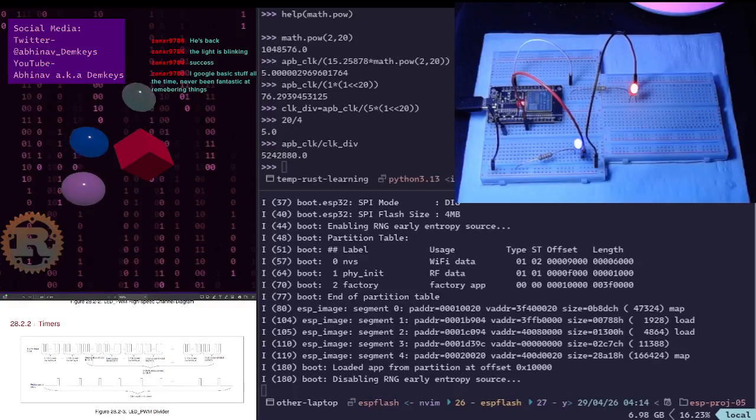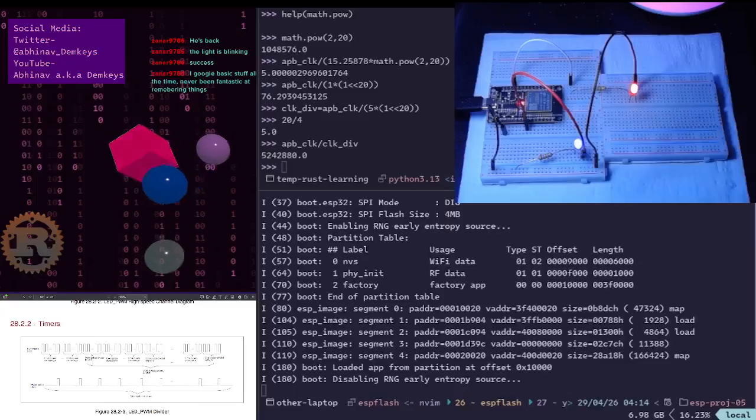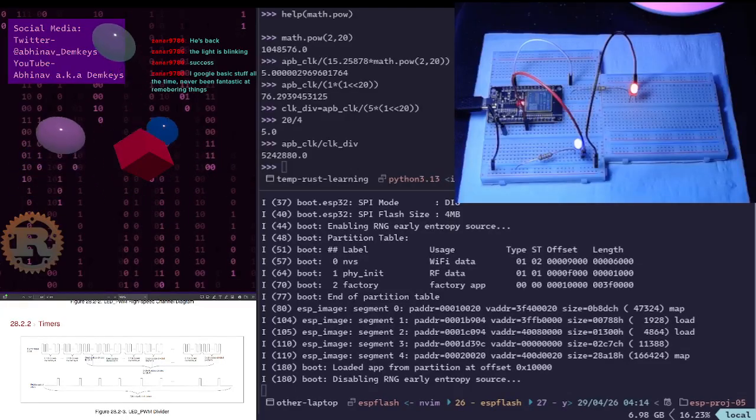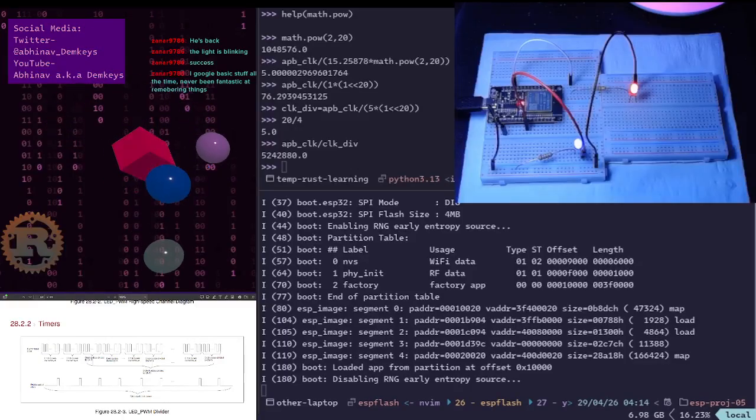Right. Give that a second. Oh God, what just happened? Okay. That's interesting. Yeah, I enabled a shortcut somewhere here.